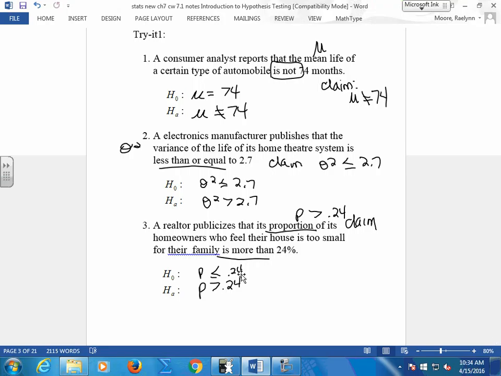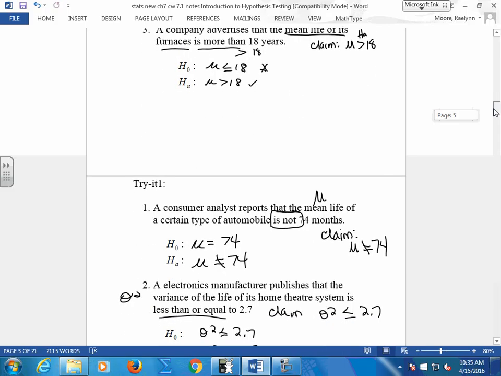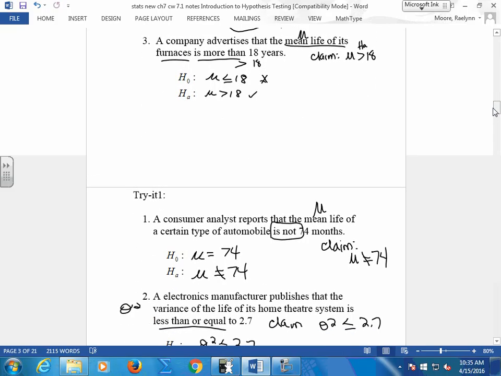Okay. A couple more things. Turn to page 359. Okay, so for number 11, if my claim is U is less than or equal to 645, is that my HO or my HA?